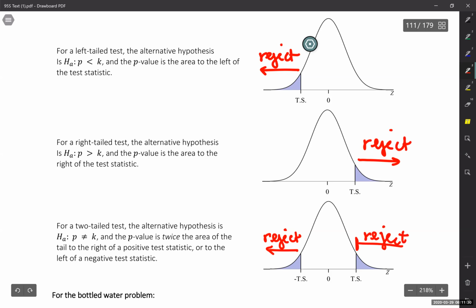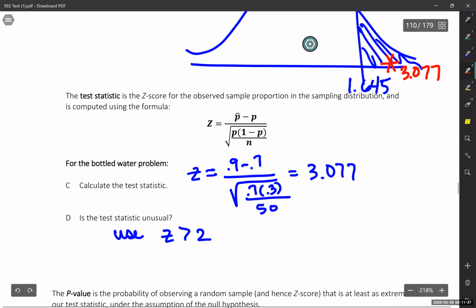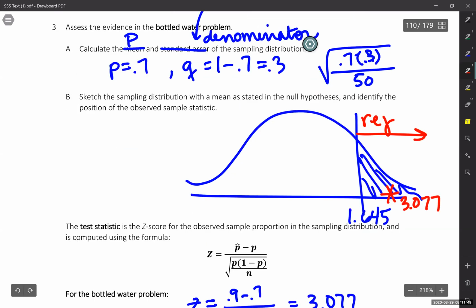So we want to draw the picture. We want to shade in the reject region, meaning shade to the left for a left tail test, shade to the right for a right tail test, and shade both for a two tailed test. We did that here, and here is our reject region. So we are going to reject the null, that's H0.